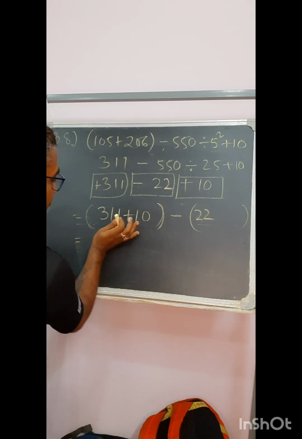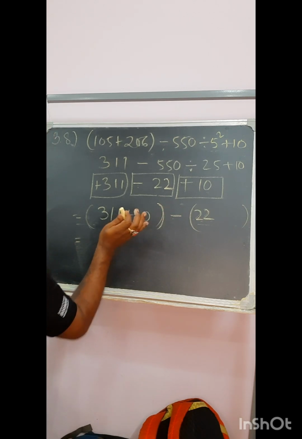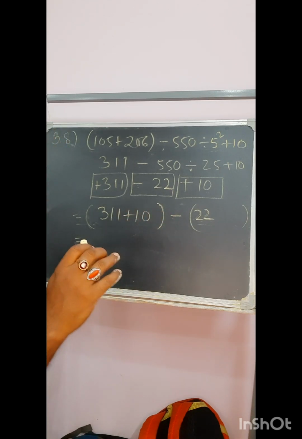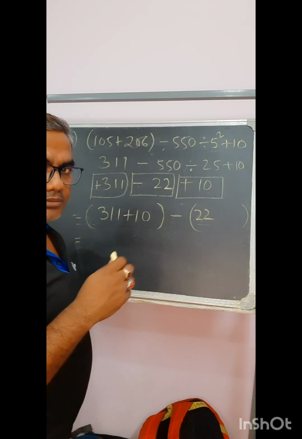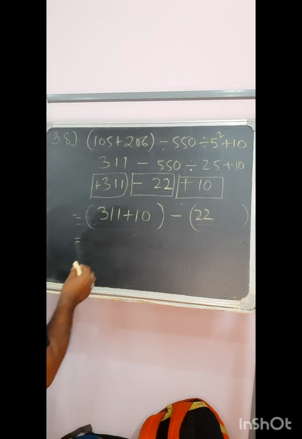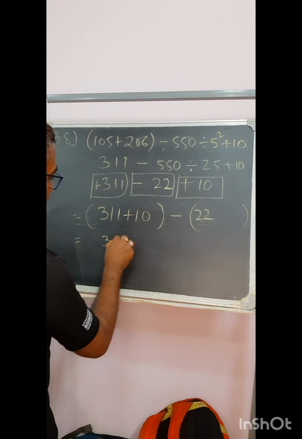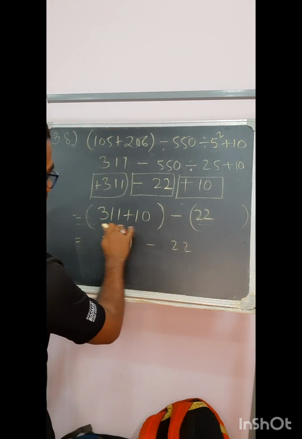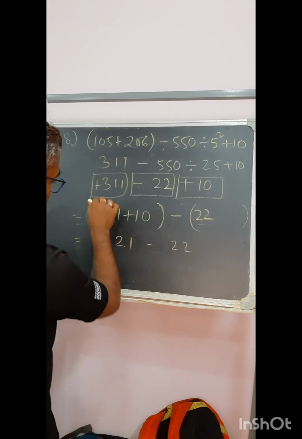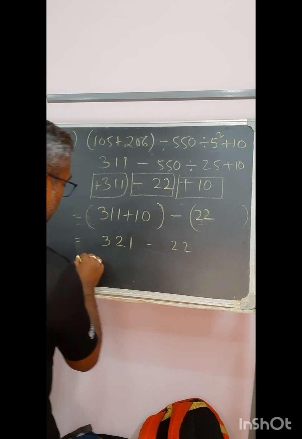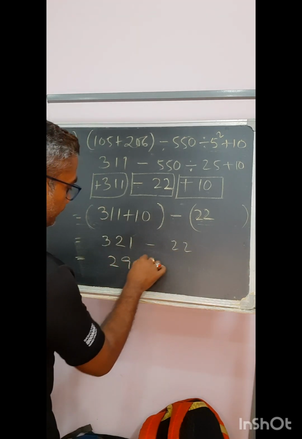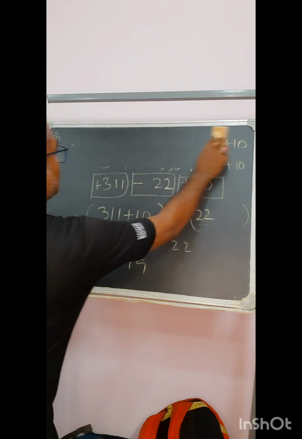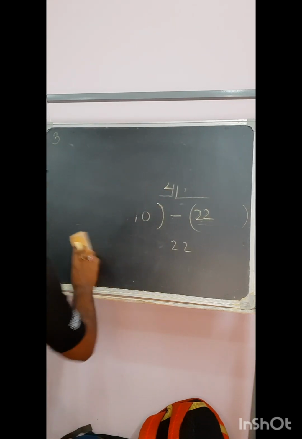This is very simple, but you have to keep it for your whole life, because most of the students make mistakes here. So this is 321 minus 22. Now you can remove the bracket because you have already computed the sum inside the bracket, and now the result will be this one. Okay, moving to problem 39.